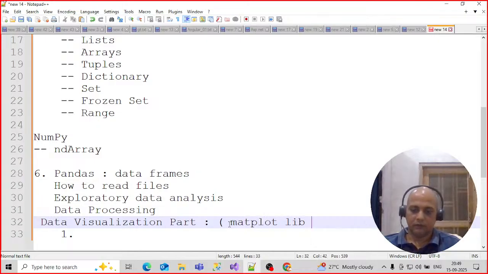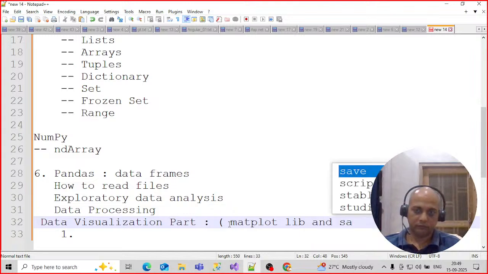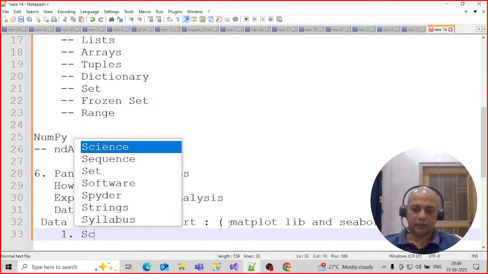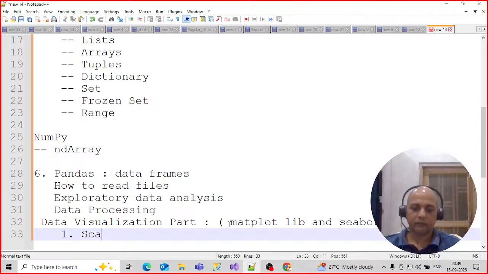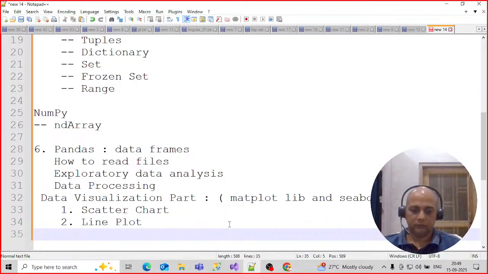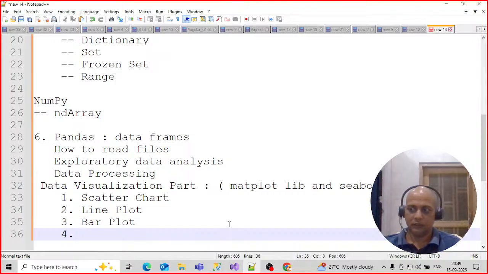We will explore these libraries, and in data visualization we will have scatter chart, line plot, bar plot, histogram.